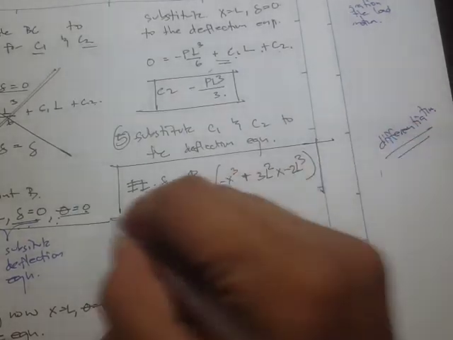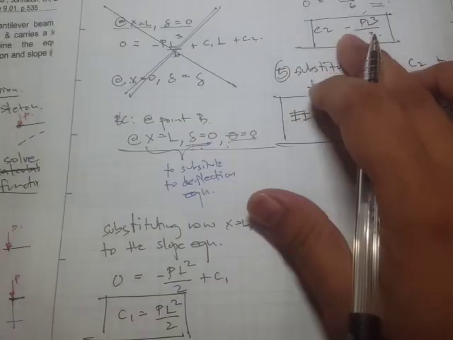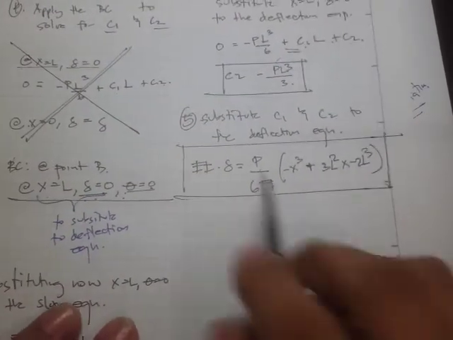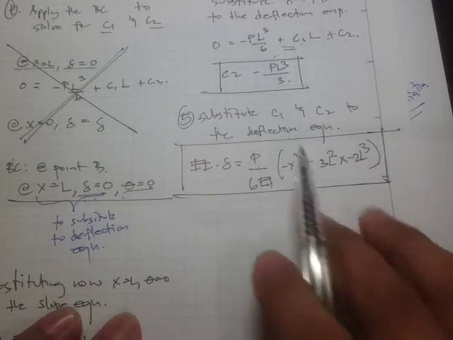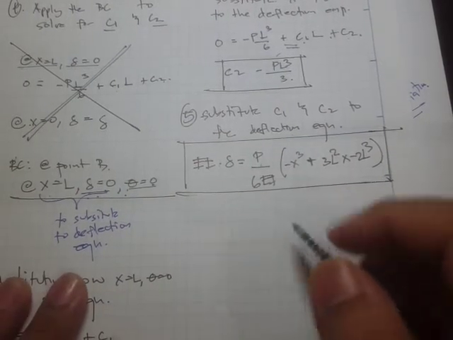What we did is just substitute C2 and C1 into this equation, and then you simplify, and what you get is this. Once you have this, this is now the particular solution for that given beam loading and conditions.